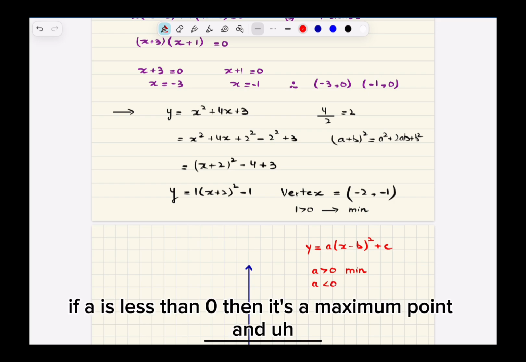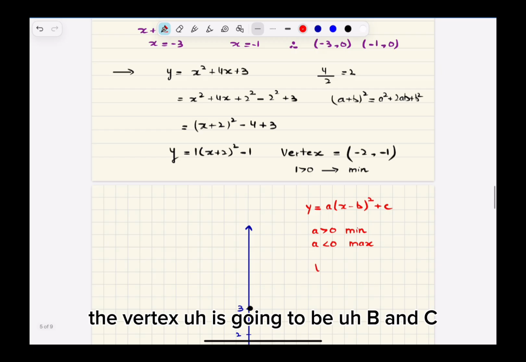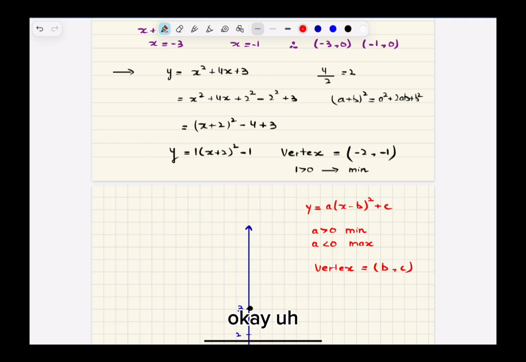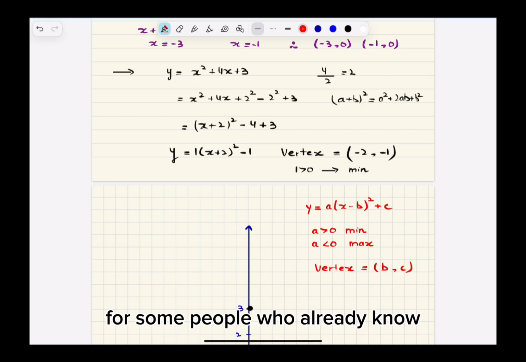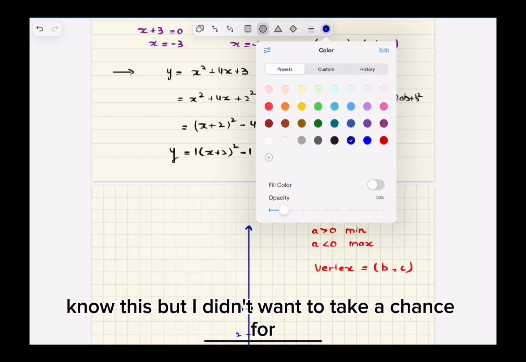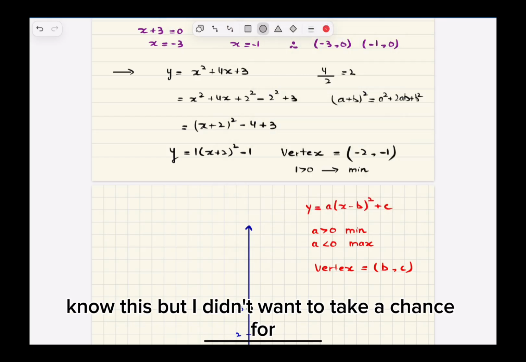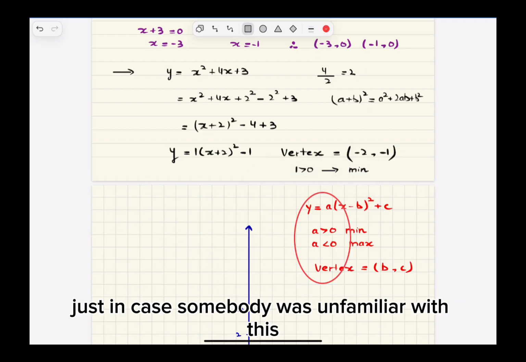If a is less than 0, then it's a maximum point, and the vertex is going to be (b, c). I'm sorry if this was boring for some people who already know this, but I didn't want to take a chance, just in case somebody was unfamiliar with this.